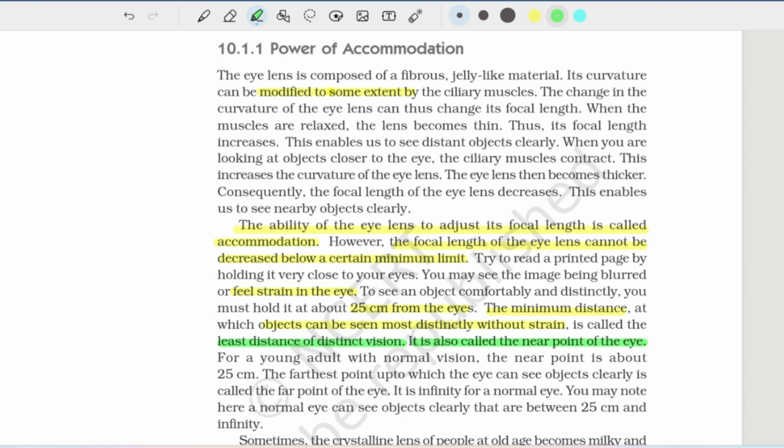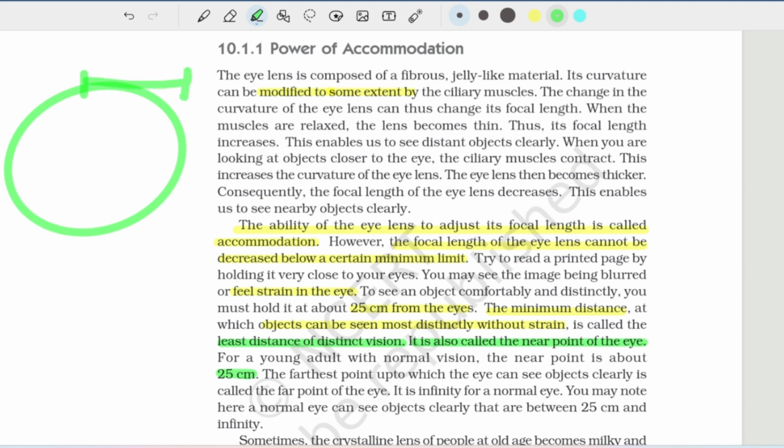Now, for a young adult with normal vision, the near point is about 25 centimeter. The farthest point: if there is no horizon, like, for example, our earth is round, right? So when we are watching, we have a limit to watch.